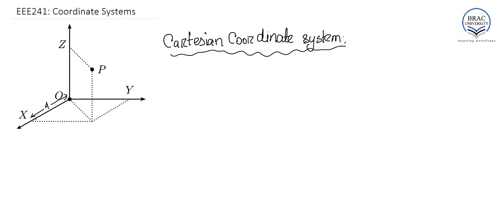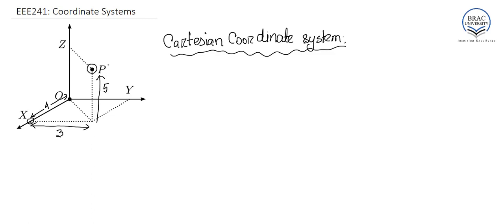Then you move 3 units from the point you have reached along the y direction, right? And then let's say you travel 5 units upwards along the z-axis to finally reach this point.